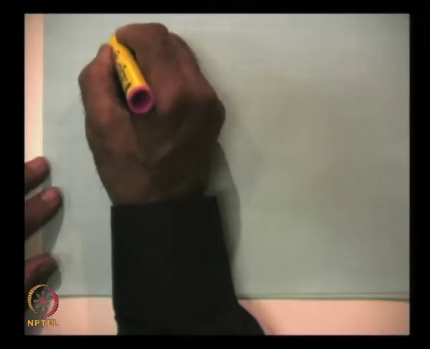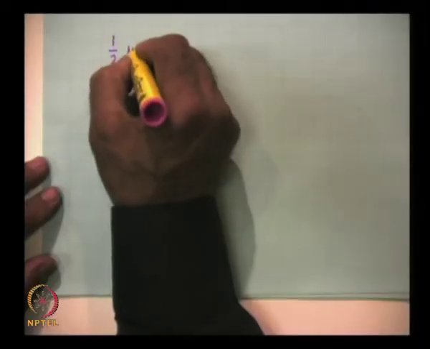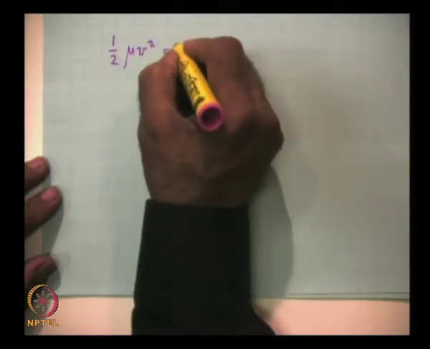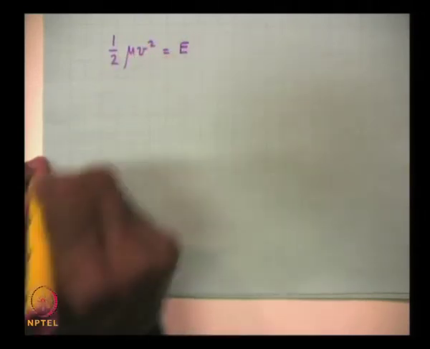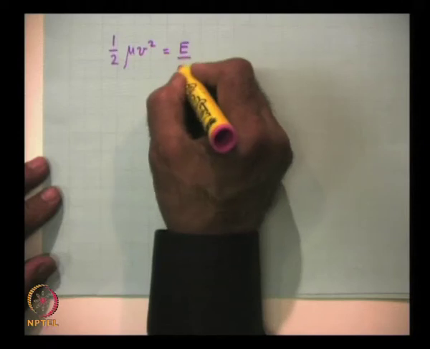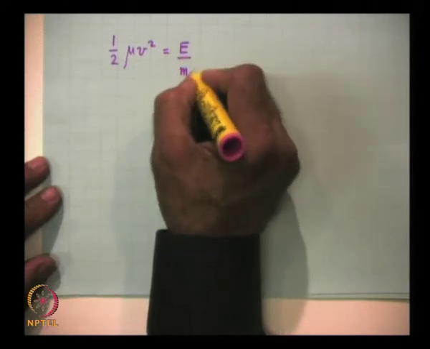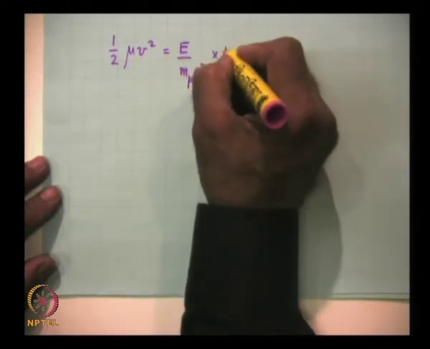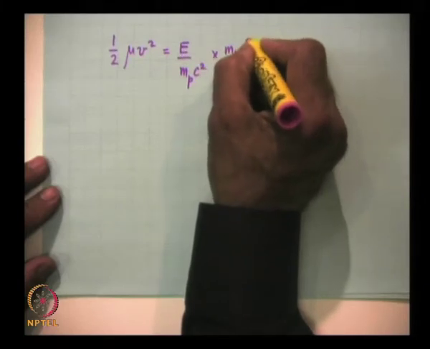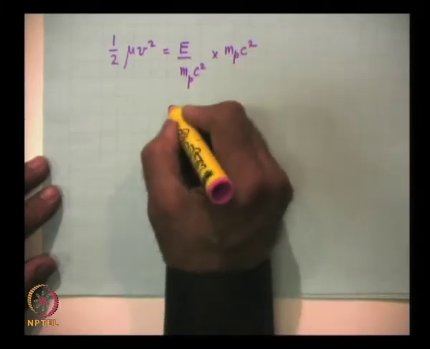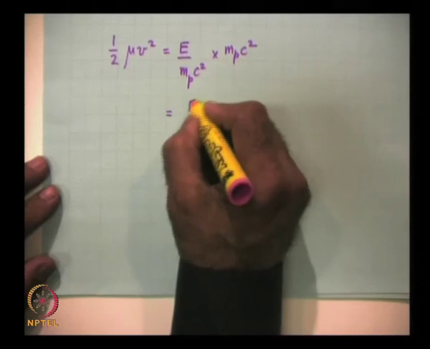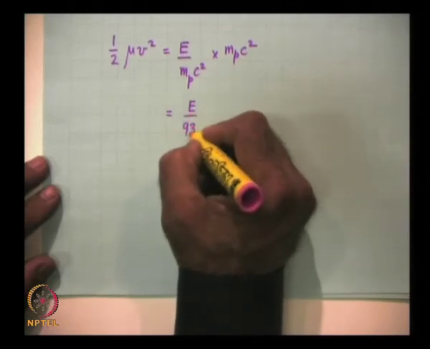Let me do this again, how to write the expression for V. So, you have half mu V square is the E of the energy of the alpha particle. So, I divide by mp c square and multiply by mp c square. Okay. So, this is 938 MeV. So, E by 938 MeV.